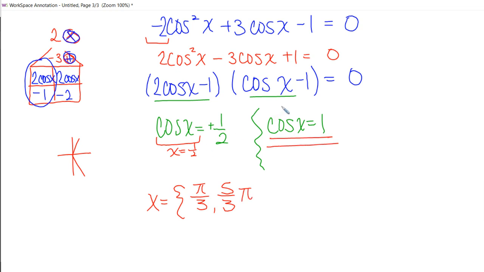Also, in my unit circle, my cosine, my x, is equal to 1 when I'm at 0 or 2 pi. I think the restriction for this one that we put on was that it was going to be 0 less than x less than or equal to 2 pi. So if the 0 was included, you would also include 0 over here.